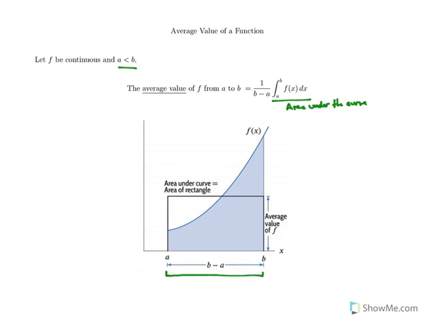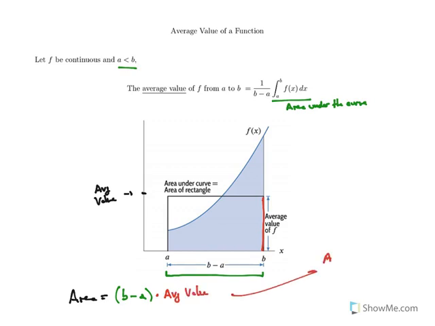So if somehow we knew the average value of the function, then we could say that this area under the curve is the same as the area of the rectangle, right, where we have this average value. So we could say that the area is equal to this rectangle, which is going to be base b minus a times the height of the function, which is the average value.